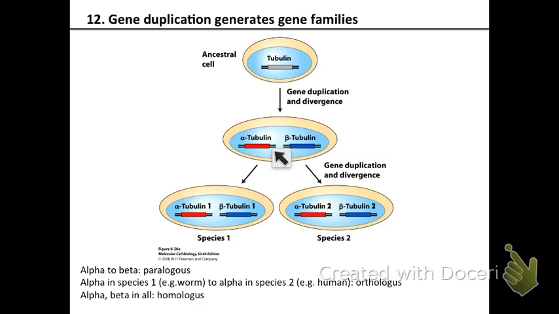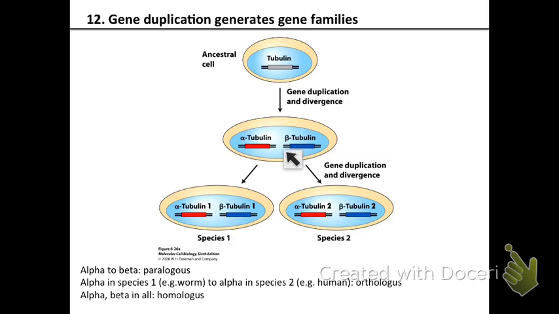Over millions of years, these two copies accumulate differences in their sequences, so their sequences diverge. As their sequences diverge, their functions also start diverging. The alpha tubulin will start specializing for certain functions, and beta tubulin will start specializing for certain functions.